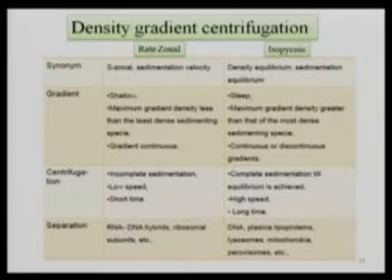In density gradient centrifugation, there are two variants. One is called rate zonal and the other is isopycnic. So what are these? This table shows the differences between the rate zonal and the isopycnic one. In rate zonal, the gradient is shallow, whereas in isopycnic the gradient is steep.